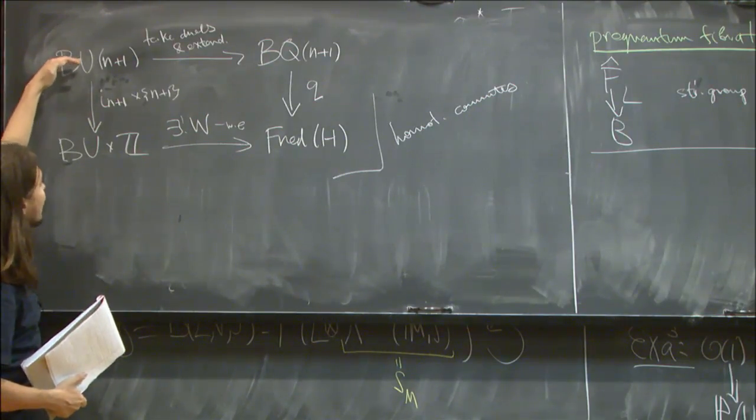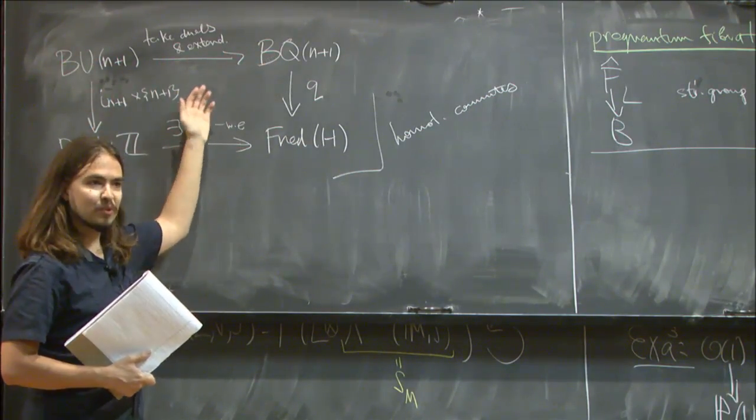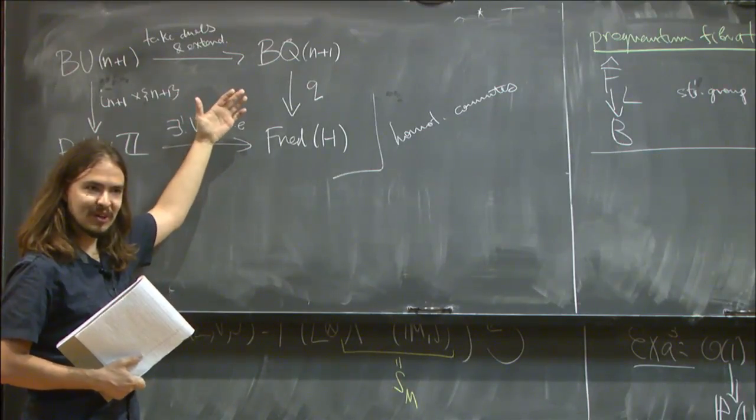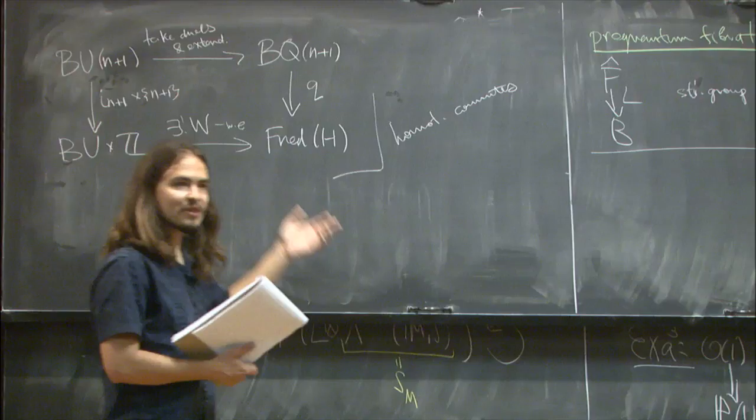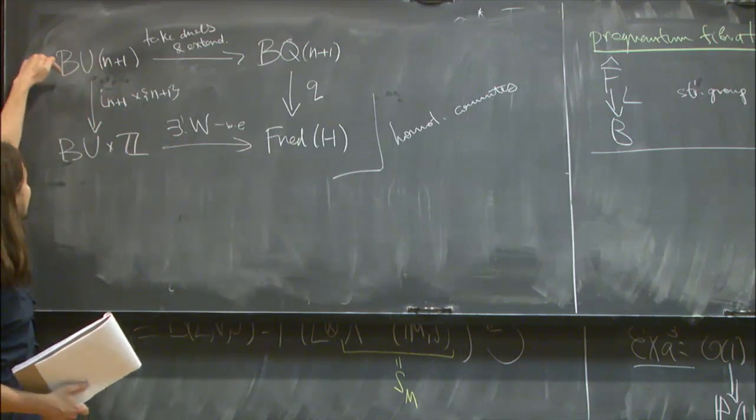So you see, we don't quite have a homotopy section, a weak retraction, but something like it.